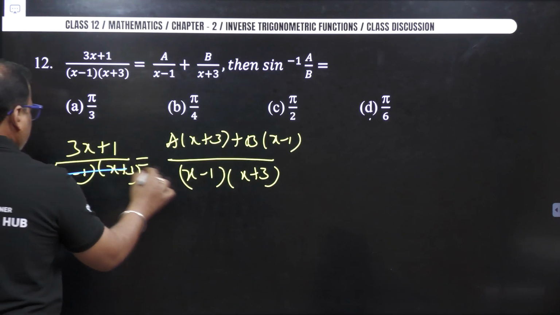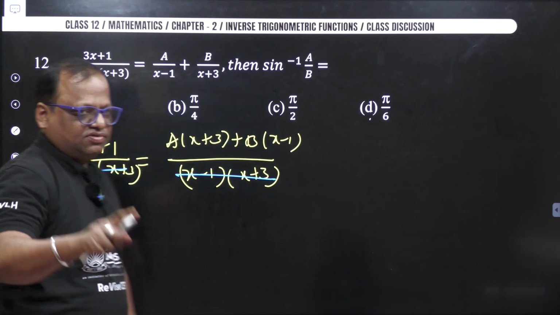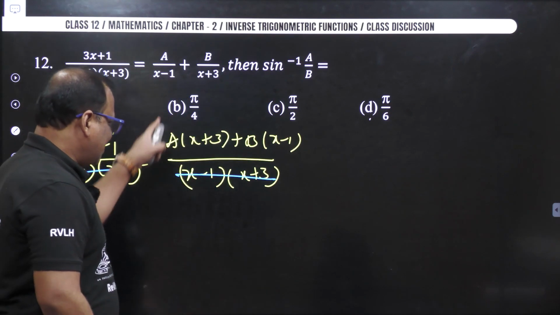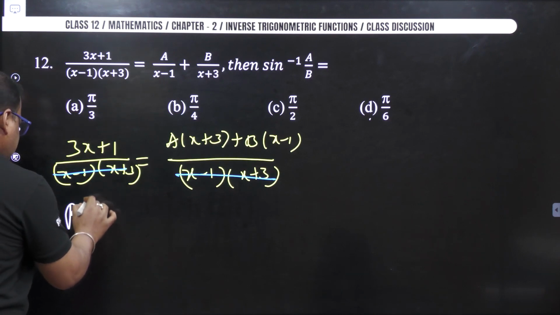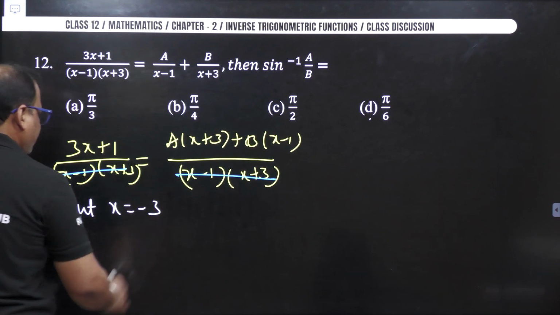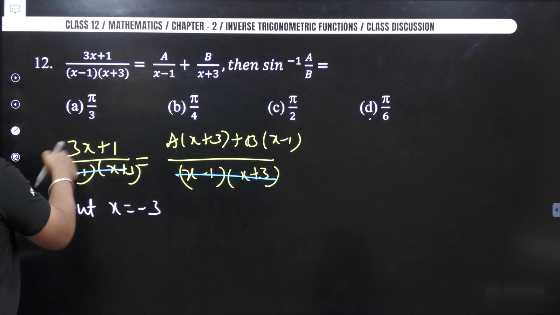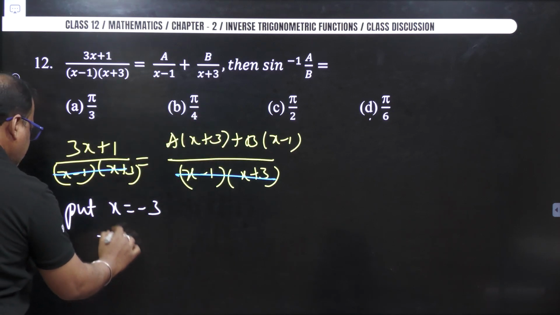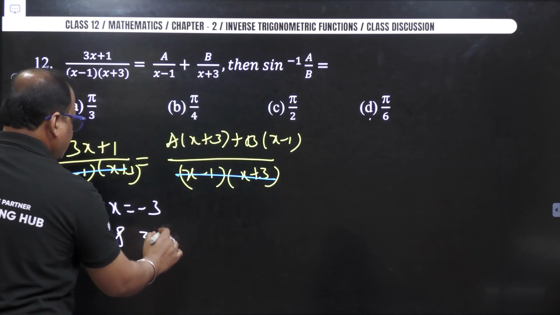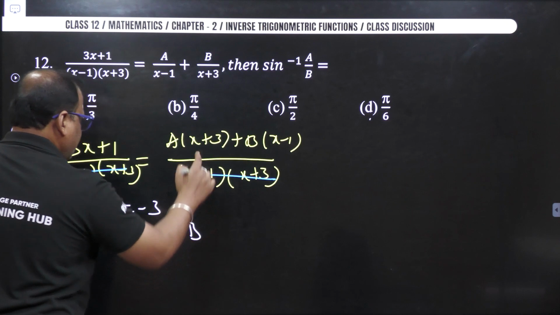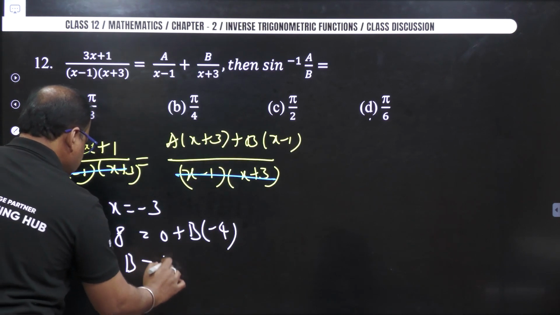So cancel. Now how to solve this? See, I'll tell you one shortcut here. Just cancel out this value. To cancel out this value, put x equal to minus 3. Then this entire value will be cancelled. See, minus 9 plus 1 is minus 8. This will be 0 plus b into minus 3 minus 1, which is minus 4. So b is equal to 2.